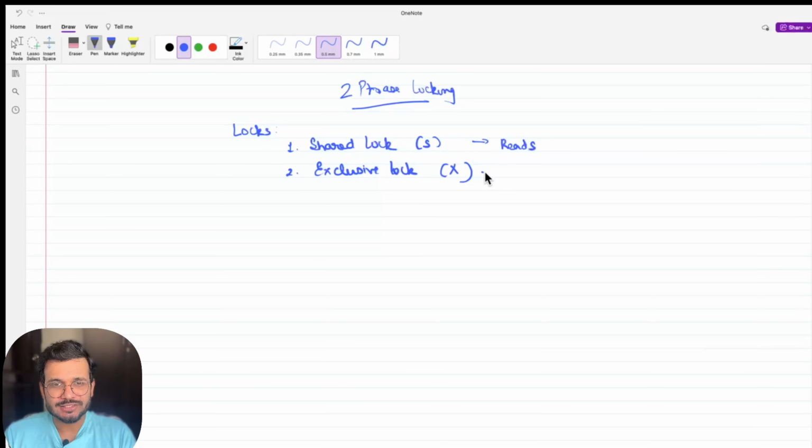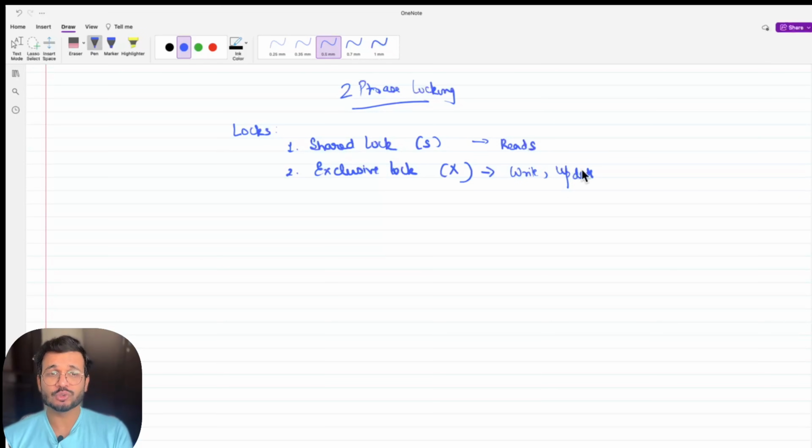Then we have exclusive locks. Exclusive lock is primarily used when we want to write or update a value. Whenever a transaction involves writing or updating a value, we want to put an exclusive lock. And whenever the exclusive lock is acquired by a resource, all the other locks are vanquished.